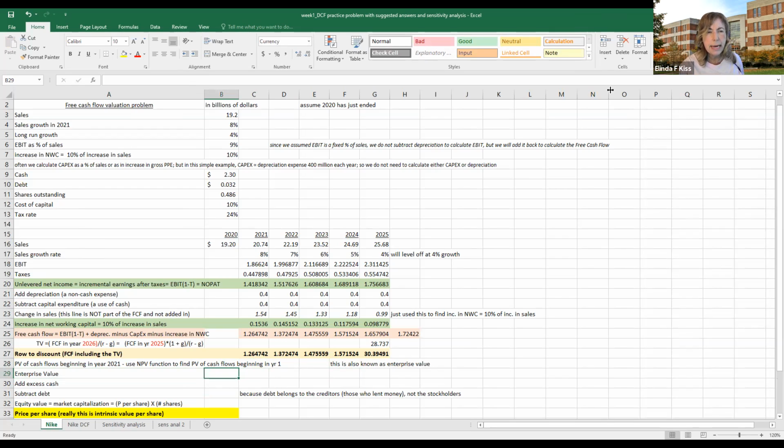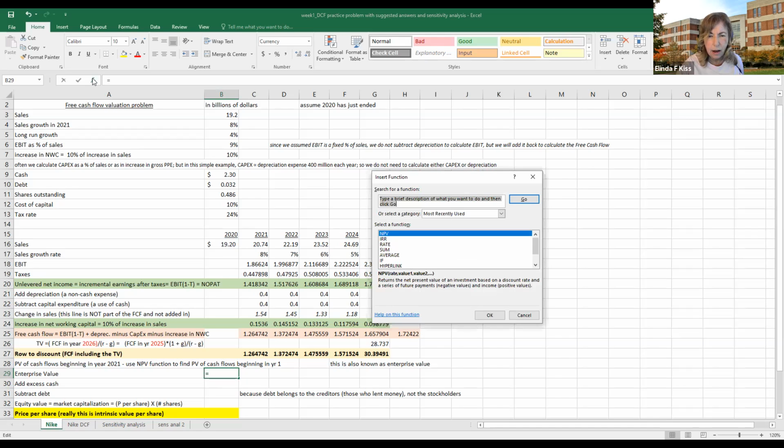Now remember, the NPV function does not calculate the net present value. It calculates the present value of a stream of cash flows beginning in year one. So if you haven't used it recently, type the function you're looking for, in my example, NPV, and press go.